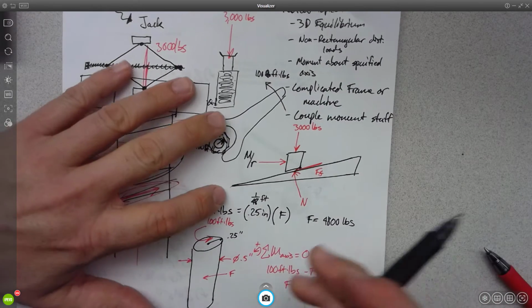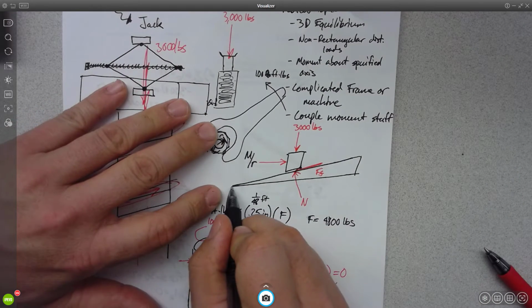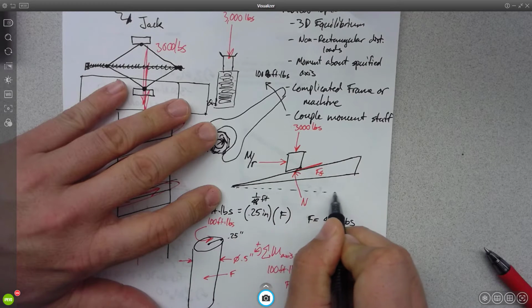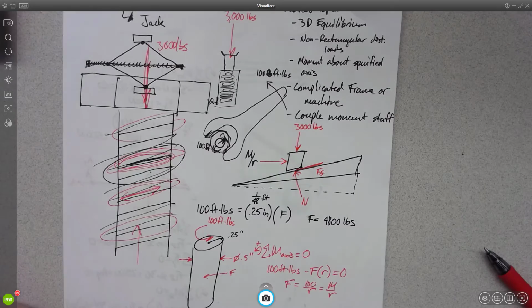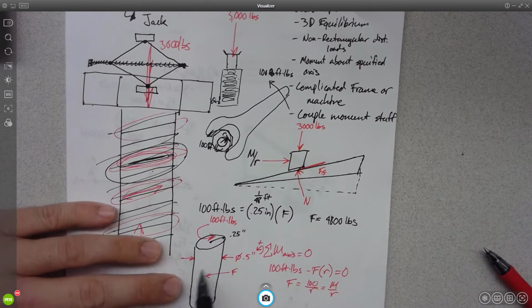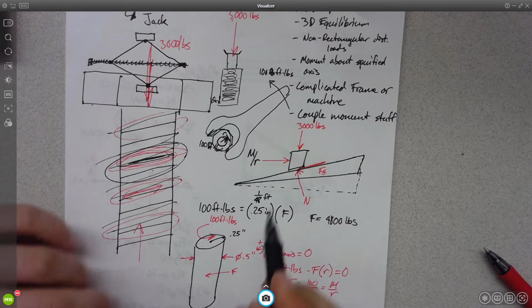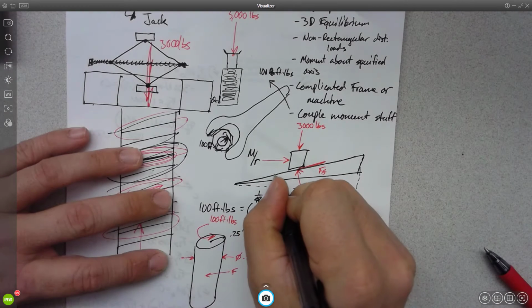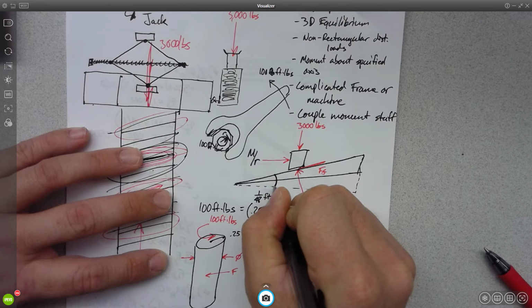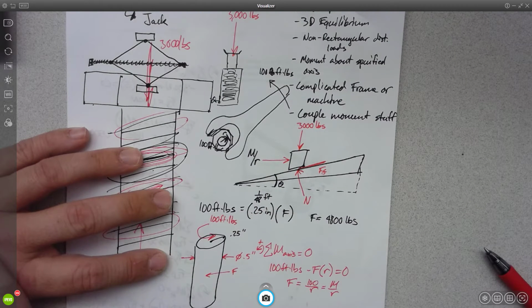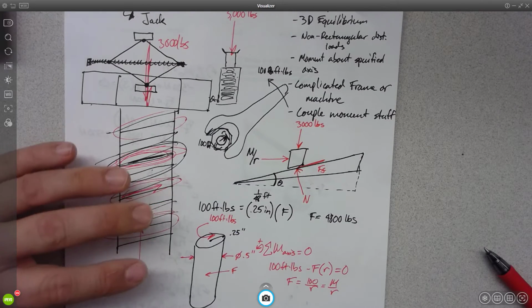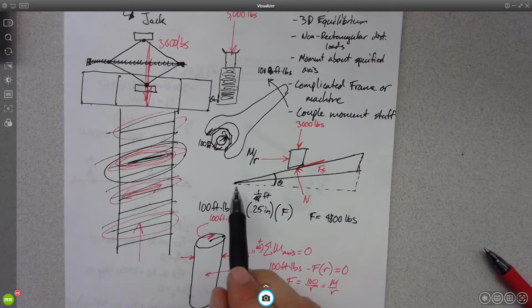Okay. Now, what do we know about our ramp here? If we were to look at the threads of a screw, we're unraveling them. And it matters what this angle is here, right? This angle, let's call it theta. That's the angle of our ramp. How could we find the angle of the ramp that is actually just a thread that's unwound from a screw?